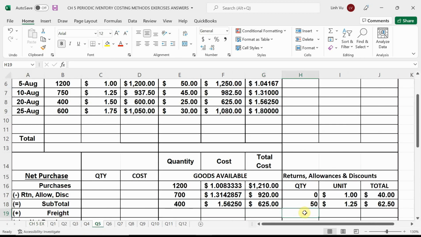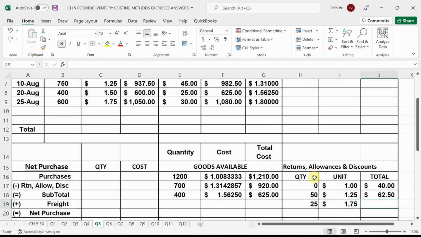How much did it cost me per item? $1.75, right? Because our assumption is we must have opened up the boxes and found that 25 of them do not work. So what's my total refund going to be?